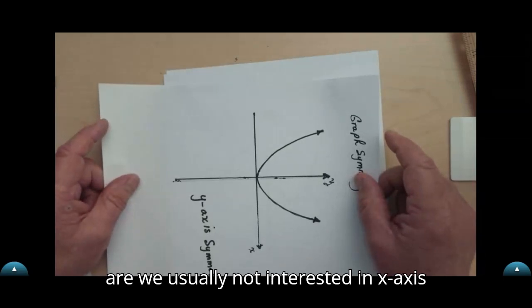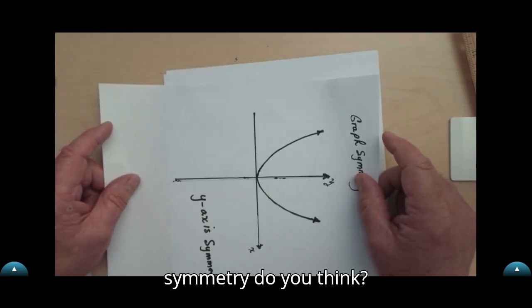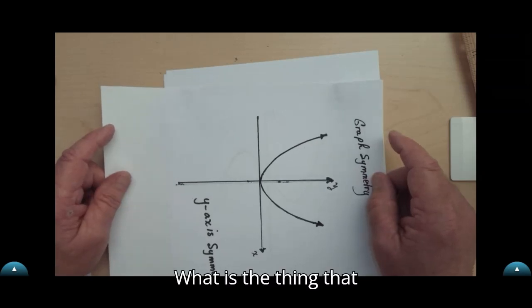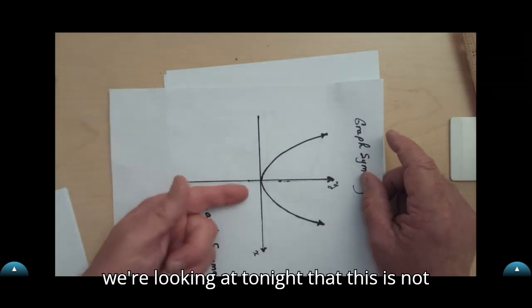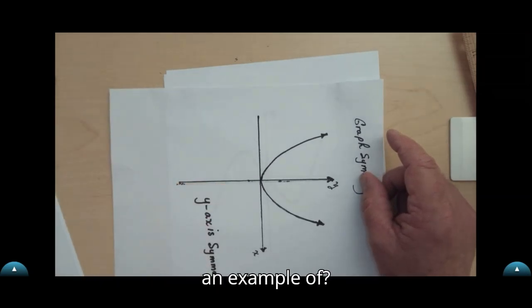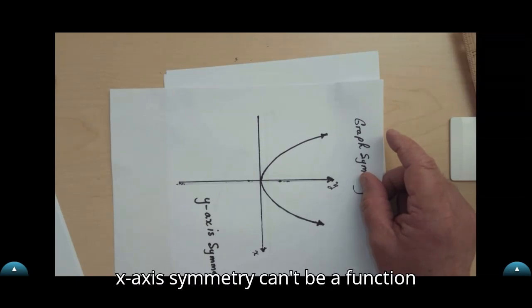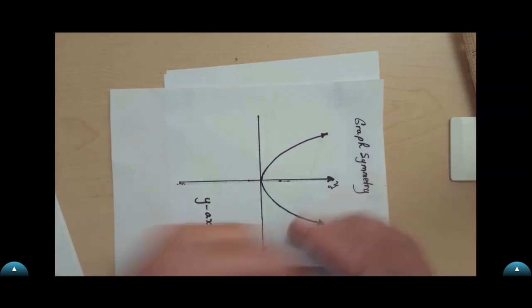Why are we usually not interested in x-axis symmetry, do you think? Say again? They're not symmetry unless they're on the y-axis, right? What is the thing that we're looking at tonight that this is not an example of? A function, right? Any graph that has x-axis symmetry can't be a function because it's a mirror.